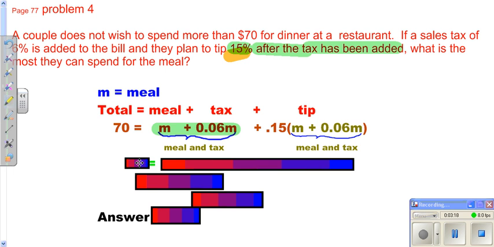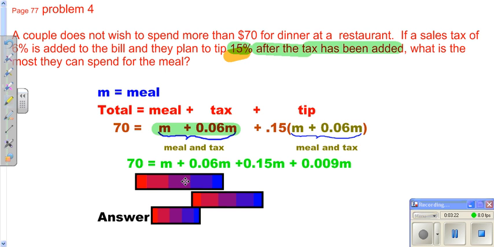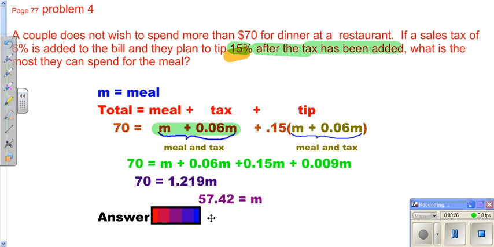So all we have to do now on the right-hand side is eliminate the parentheses, combine our like terms, and continue to solve it. Then you want to make sure you answer it in the context of the question. In this case, we're dealing with dollars, so the price of our meal for the couple could be $57.42.